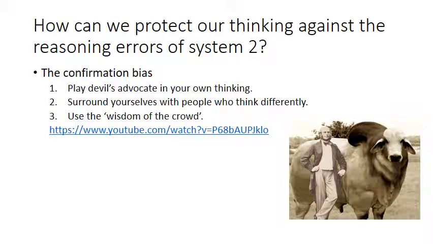What we're inclined to do is to look for confirming information, to imagine confirming arguments and so forth, and we're just blind, we don't know it, but we're blind to counter arguments and counter evidence. So by knowing this and actively making an effort to look not only for confirming evidence, which we will do anyways, but also for disconfirming evidence, for counter evidence, for counter arguments, we can set our thinking straight.